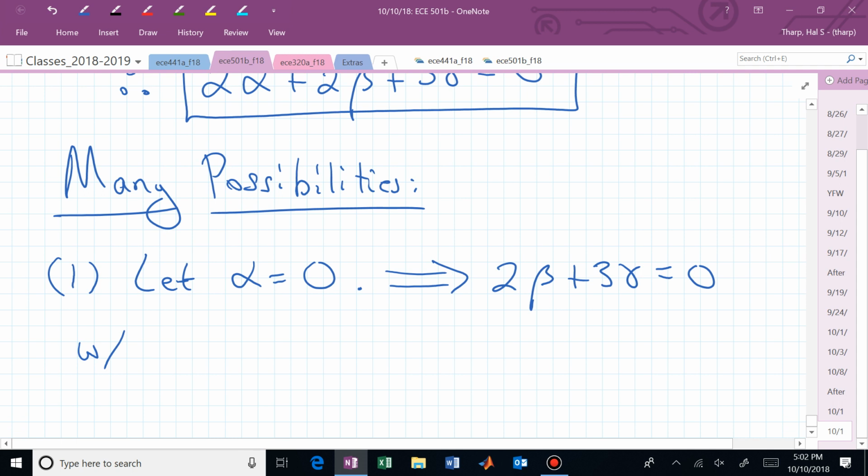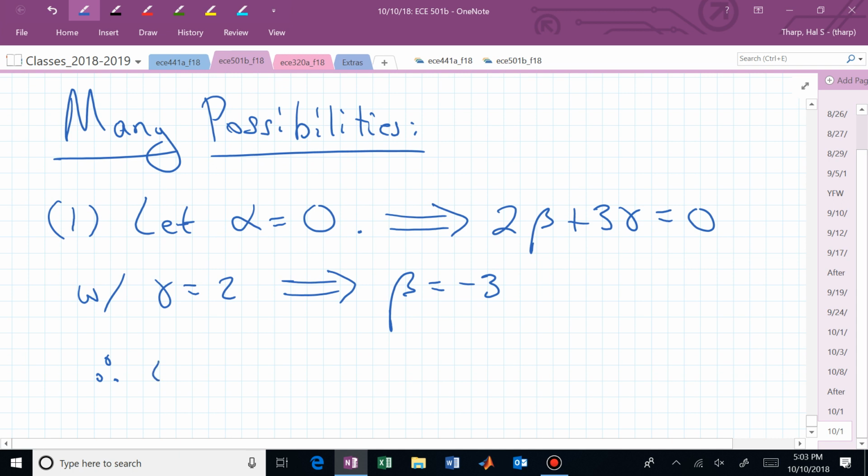So that was kind of fun. I picked one value. Let me pick another. What if I let gamma equal 2? What's beta going to be? I need 2 times beta to be 6, right? Or, I'm sorry, negative 6. So now I need this to be minus 3.